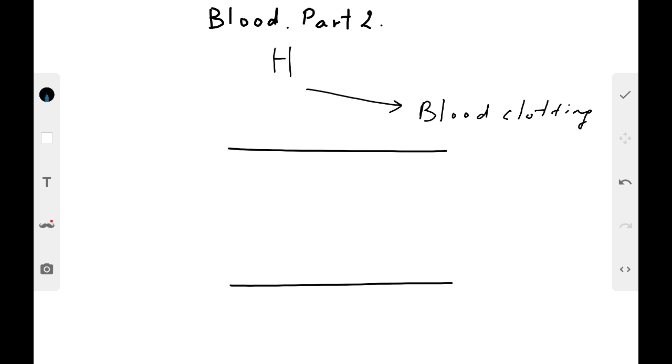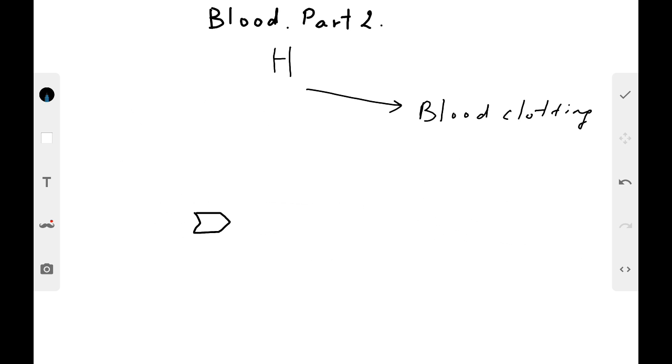So in this case, we have cascades of reactions with participants of plasma and tissue factors. The most important factor in this case is fibrinogen. Fibrinogen, we may illustrate this idea like this, is a protein.